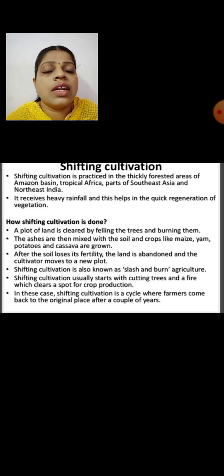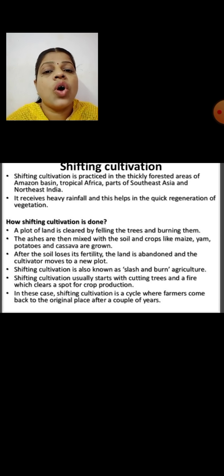Next, the left ashes are mixed with the soil, and crops like maize, yam, potatoes and cassava are grown. Understood? After the burning, they mix the ashes in that plot with the soil and grow the crops.